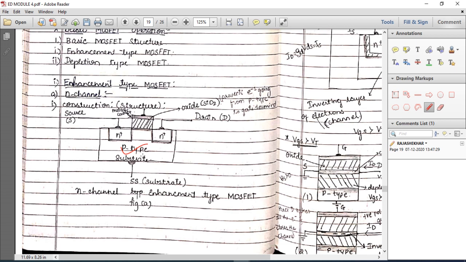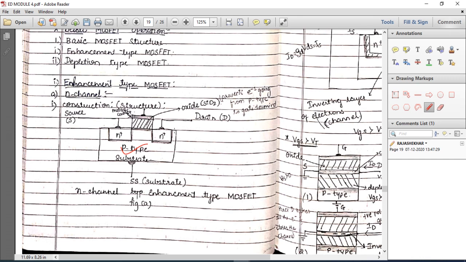So if I want to construct an N-channel, I have to choose P-type material to construct the N-channel MOSFET. And why do I call it N-channel? Because once it starts operating, it creates a channel between these two N plus regions. So that's why it is called N-channel enhancement. I will tell you why it is called enhancement.